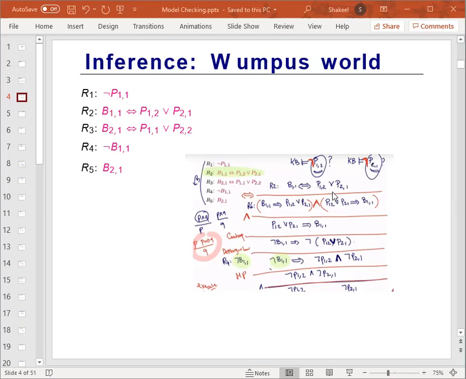And we have P12 or P21 implies B11. It's a good habit to use parentheses.